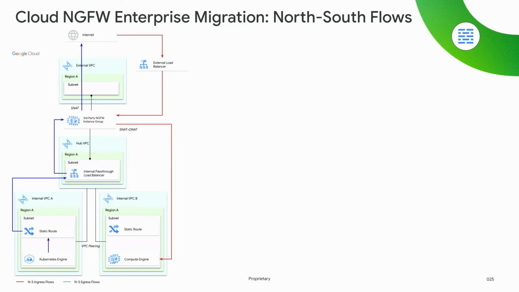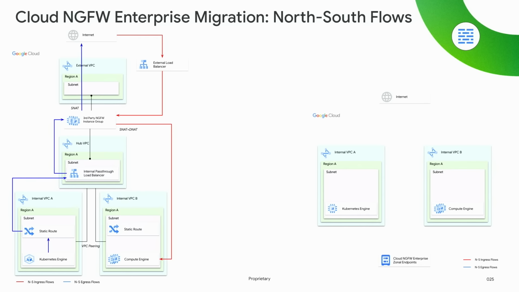For the return traffic, this comes to your global external load balancers. Then you have to bring it to your network virtual appliance that may be running in typically an active-active kind of HA deployment. Then that gets sent to the actual backend, which is your workload. So you can see all of the complexity that goes into this.